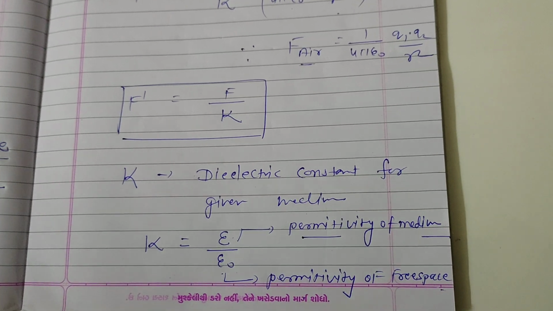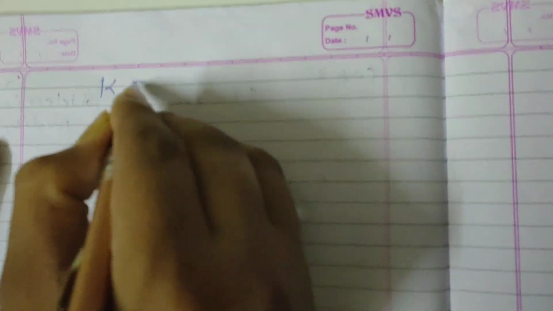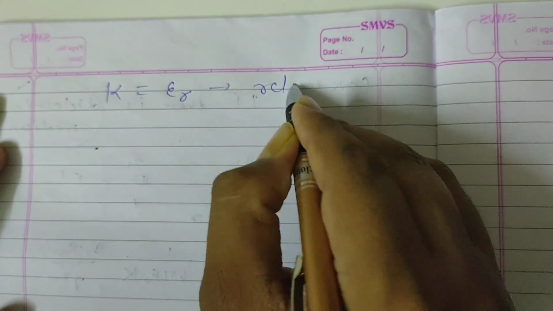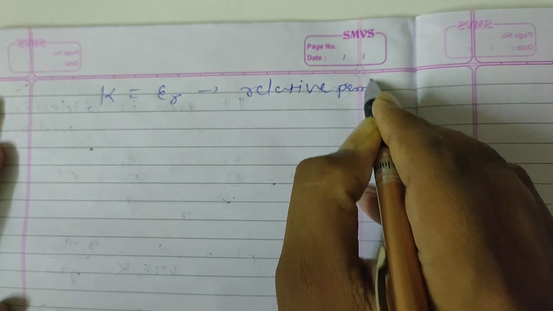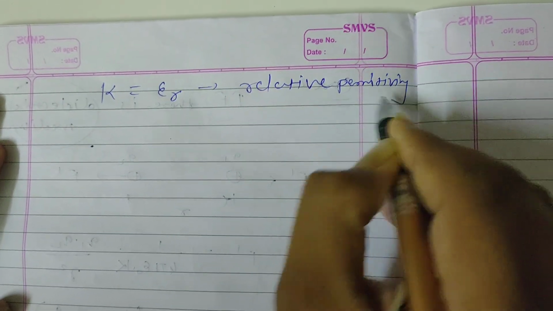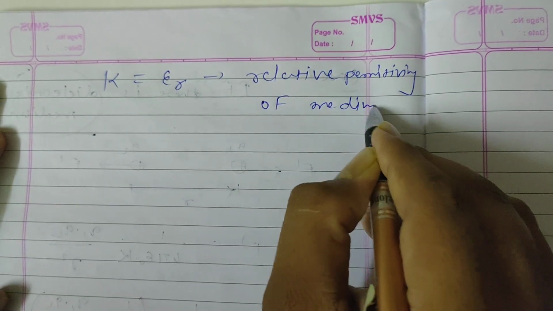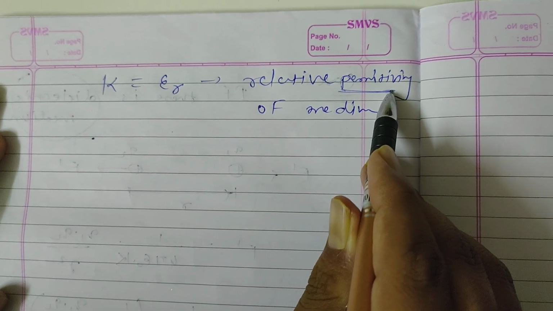Capital K is also known as epsilon r, the relative permittivity of the medium. Remember, permittivity is only related to electric property.